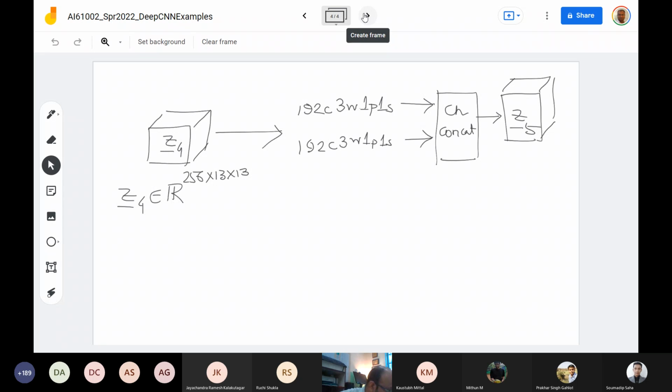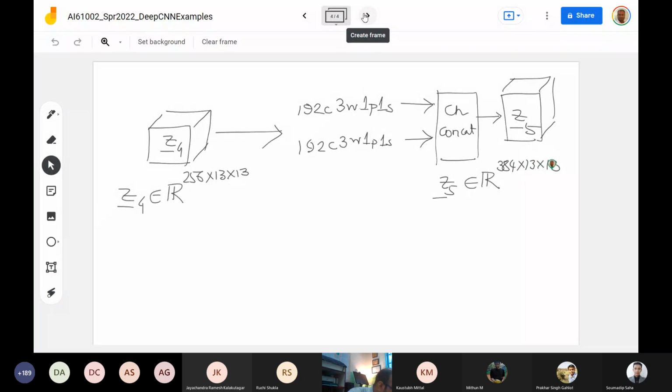So for Z5, you will now see that it's of size... how many channels? 384. Okay, 1 cross 384 cross 13 cross 13.